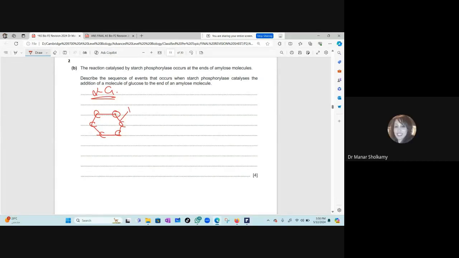It's alpha glucose, so the hydrogen at carbon number one is above, and the OH will be under, below. Good. And then what about the second one? The OH is under as well. And then we alternate, it's easy. We alternate down, up, down.